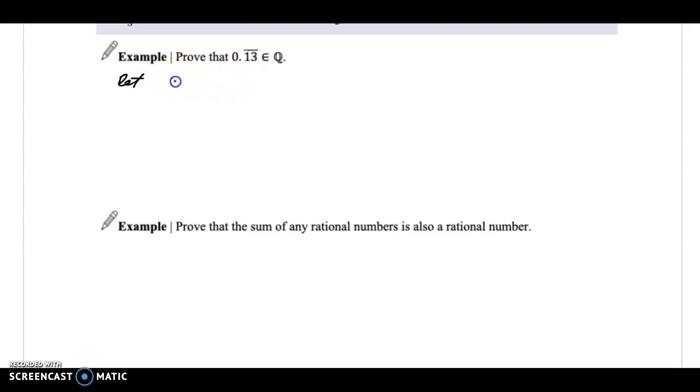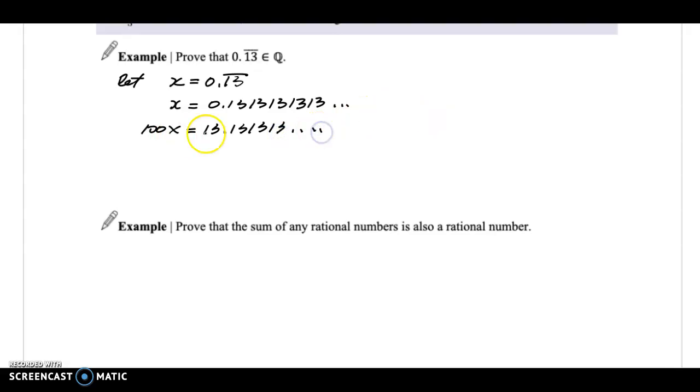So what we can say is x is equal to 0.13 repeating, and basically what you want to do is expand this. The bar is saying that it just repeats, dot, dot, dot, right? So what happens if I multiply both sides by 100? If I multiply this by 100, it moves the decimal two places, giving 100x equals 13.131313 dot, dot, dot. It keeps going.